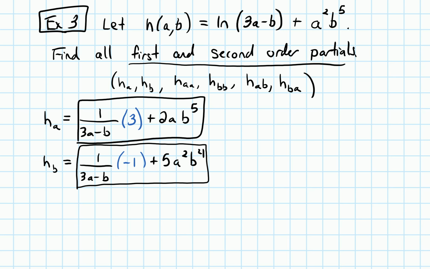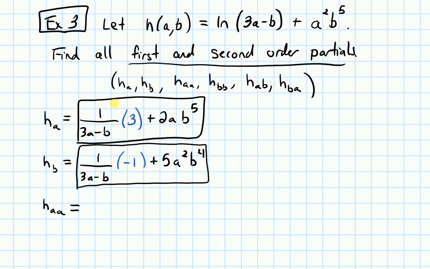All right, now let's start doing the second order partials. So let's do h_aa next. So I have to take h_a, this first partial derivative I did, and do the partial again of that, but with respect to the variable a.